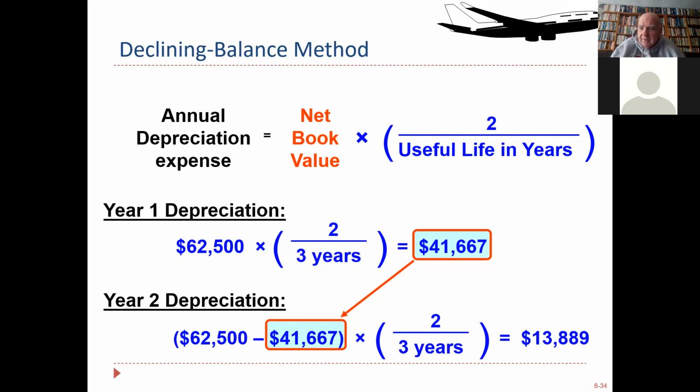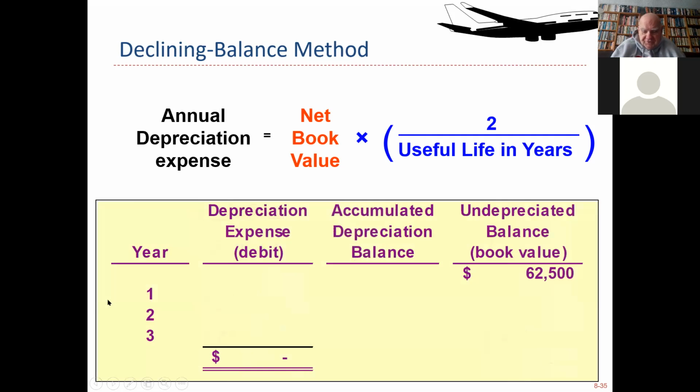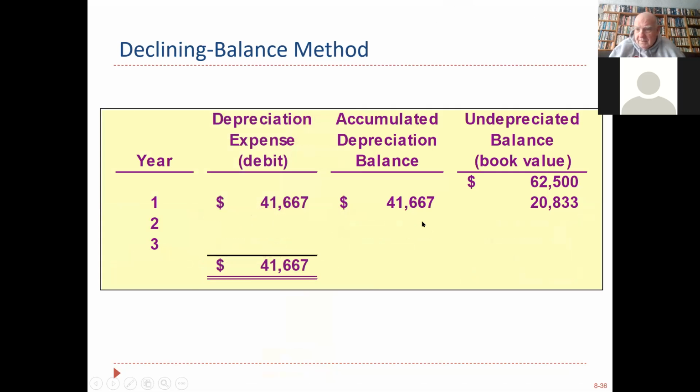And here we go. We started with 62.5. And what was our rate? It was 2/3. 62.5, 2/3 of that is 41,667. Accumulated depreciation here. And this is the net book value.